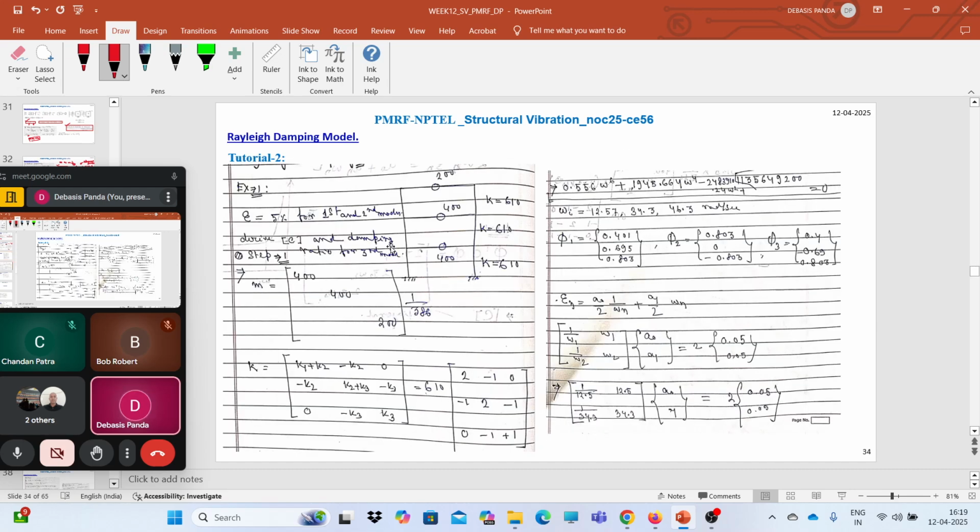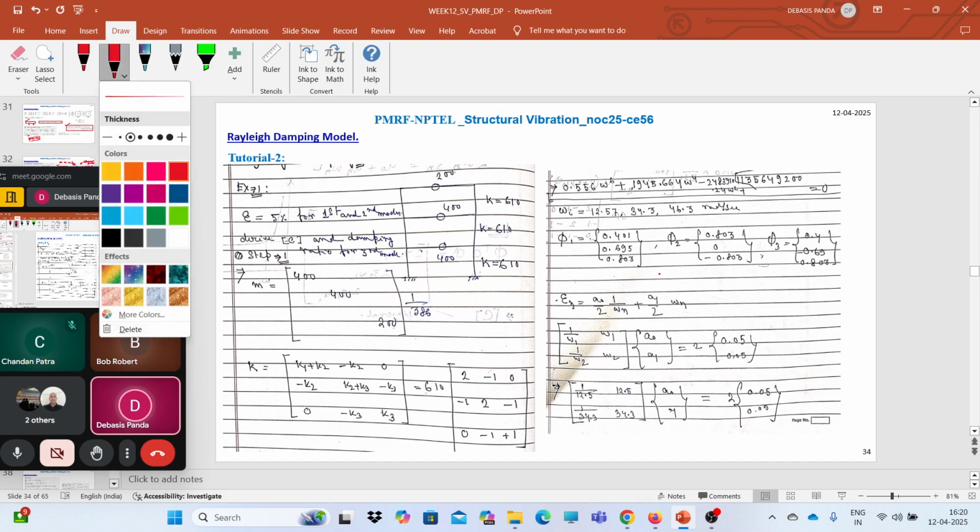So here I have explained how to solve the entire problem. That means if the damping is given for the first two modes, for the third mode we can easily calculate the damping ratio using the Rayleigh model. For that, we first need to calculate the mode shapes and so on, which will be given in your formula.